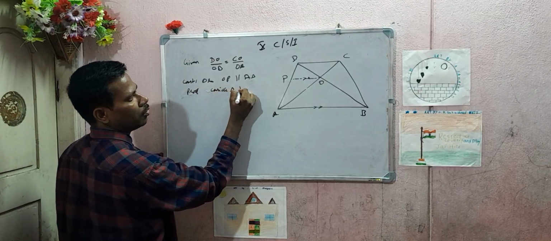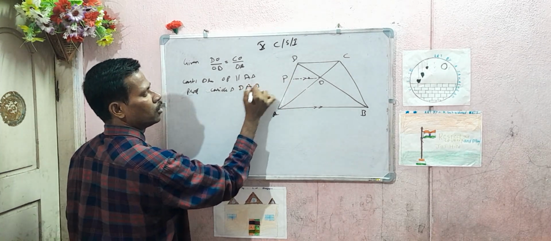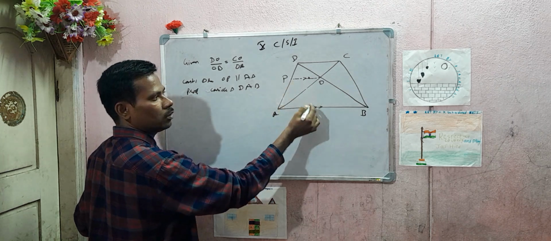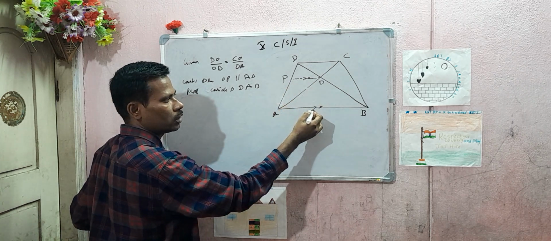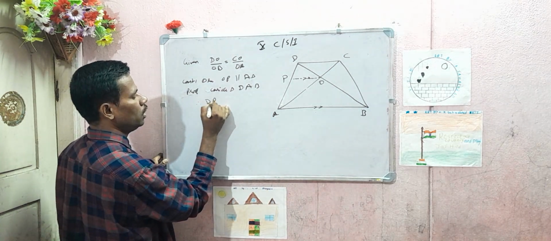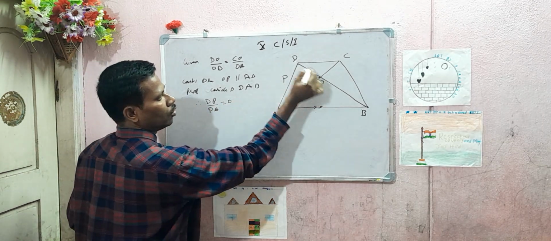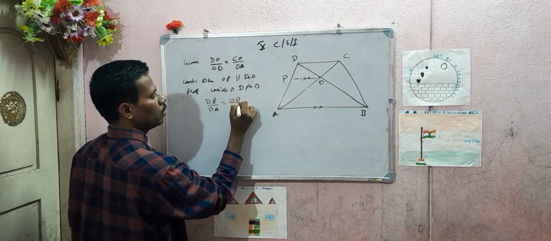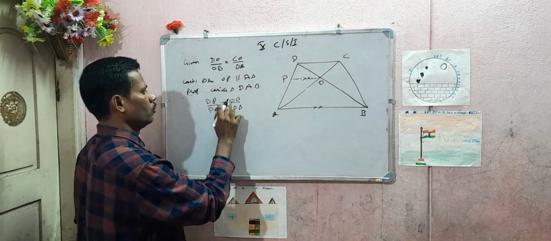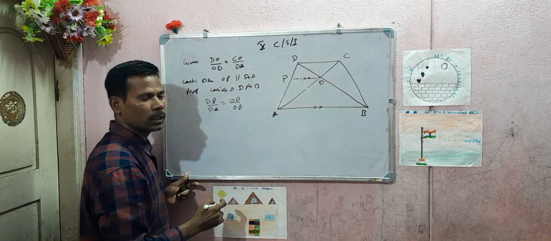Consider triangle DAB. Since OP is parallel to AB, if a line is parallel to one side of a triangle, then it will divide the other two sides in the same ratio. Therefore, DP by PA is equal to DO by OB.